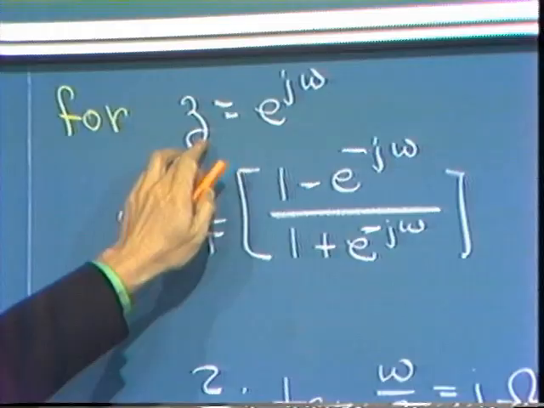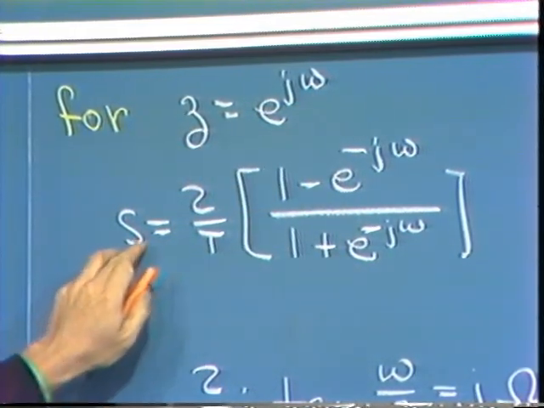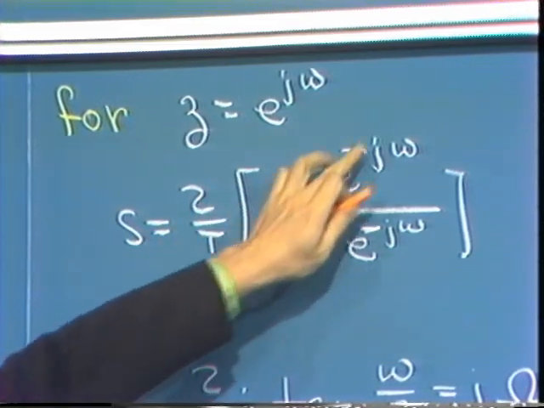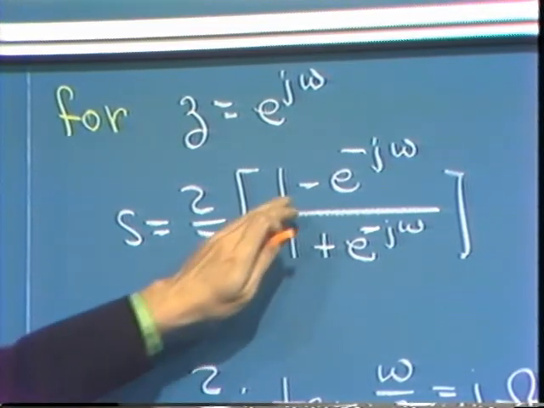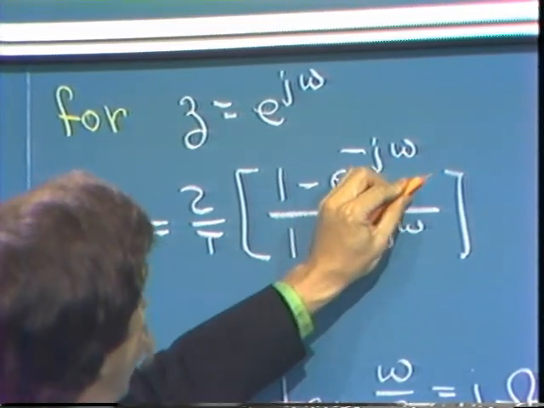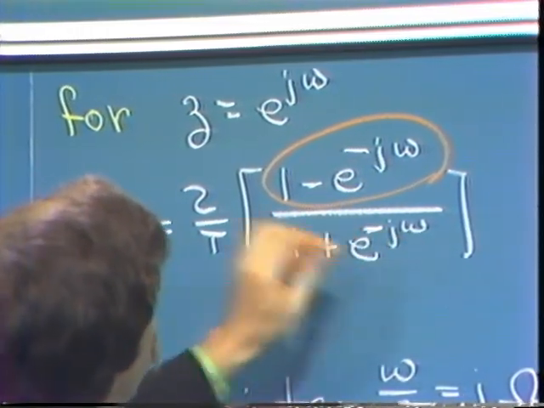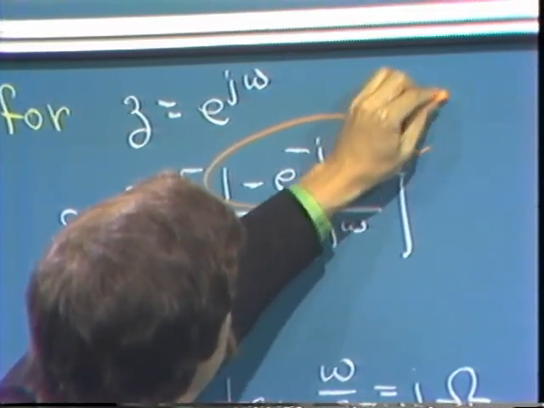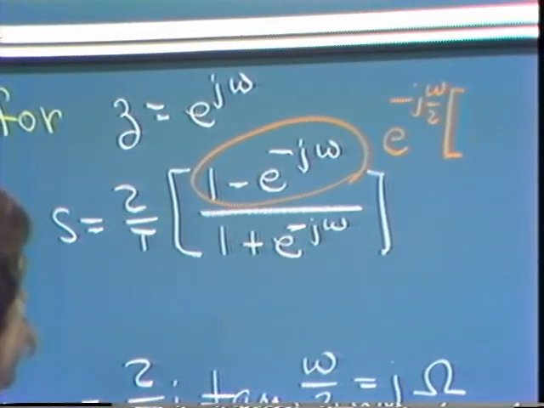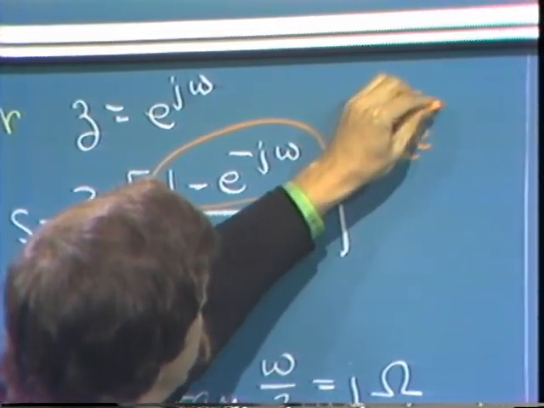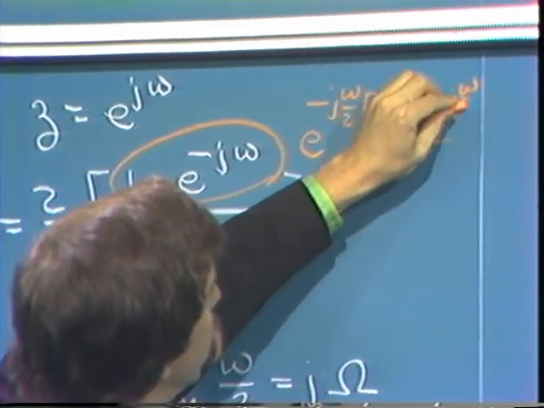And we do that simply by substituting z equals e to the j omega so that s is equal to 2 over capital T times (1 minus e to the minus j omega) divided by (1 plus e to the minus j omega). And now we can change this term and likewise the denominator term by factoring out e to the minus j omega over 2. And then this numerator term becomes e to the plus j omega over 2 minus e to the minus j omega over 2.